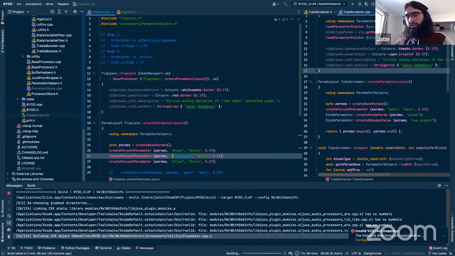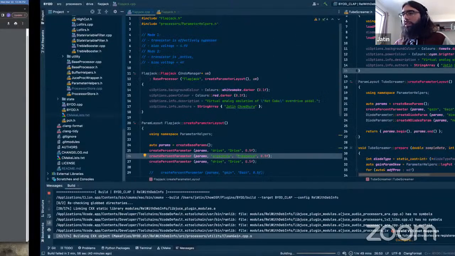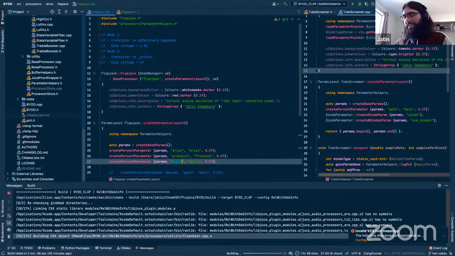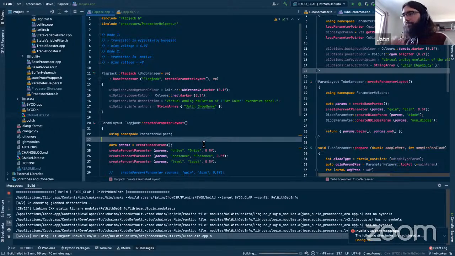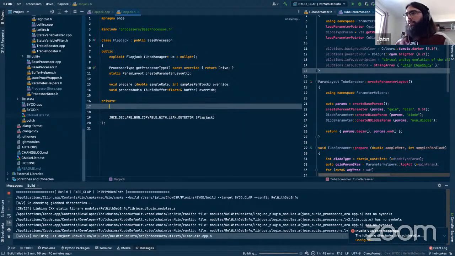So if I could spell presence, right? Oh man, my spelling's so bad today. Presence, that's still wrong, isn't it? I have an extra C. And then level. There we go. And then we're going to need those parameters here as well, so let's get those working. Float parameter.